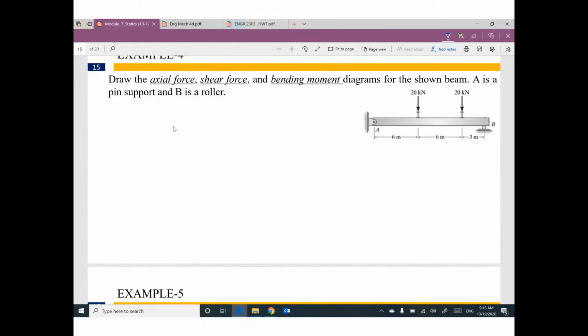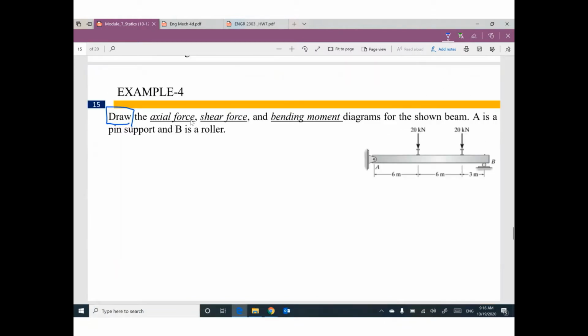The example did not give you a specific point because the example asking for drawing axial force, shear force, and the bending moment diagram. Regardless what are the required in this example, anybody can remind me what is the first step?